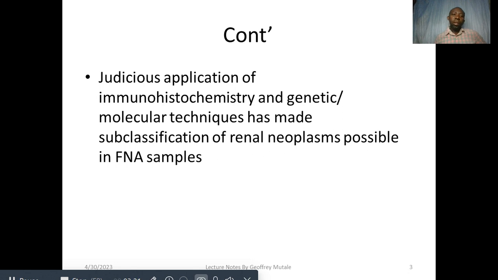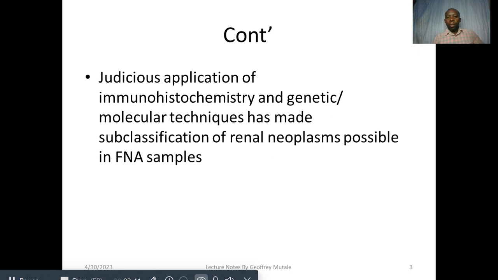But sometimes the challenge is distinguishing these tumors to tell whether they are malignant or benign, and sometimes to specifically categorize them, whether they are mucinous or not.